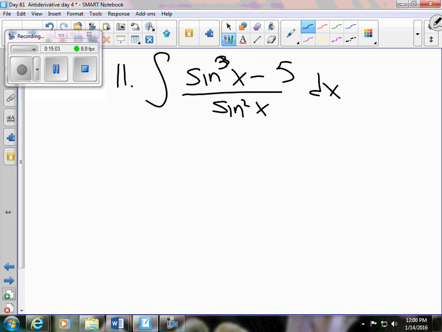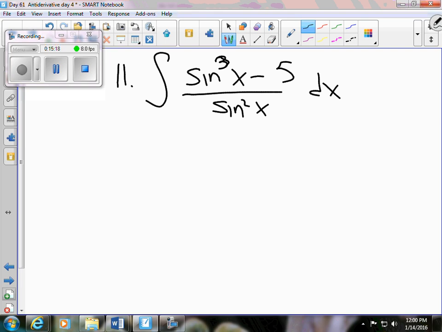When it comes to integration, never ever integrate products or quotients directly, unless it happens to be a formula like secant x tan x. But you're going to have to do some work if you have a product or a quotient.